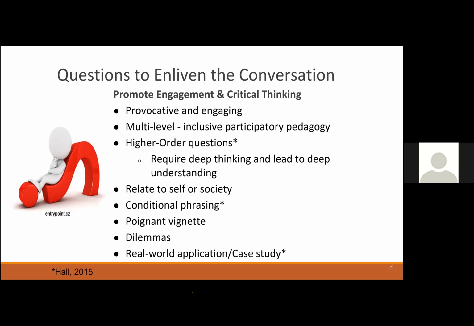Those kinds of questions get them thinking outside the box of the readings, and thinking about how to apply it and the implications of it. But it also needs a comfortable environment, which is why that connection building and community building is so important, so that students feel safe to explore the material.